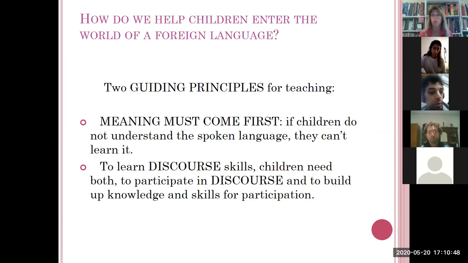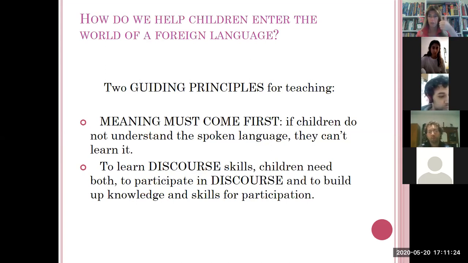Do you remember what we said about discourse? What is discourse? Who can answer? Language through context. Okay, language and context, or language in context. All right. So whenever we are talking about language, we need also to analyze the context of situation. So is this clear? Are these two principles clear to you? Yes?